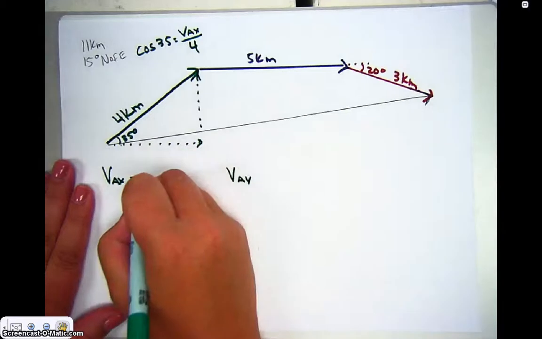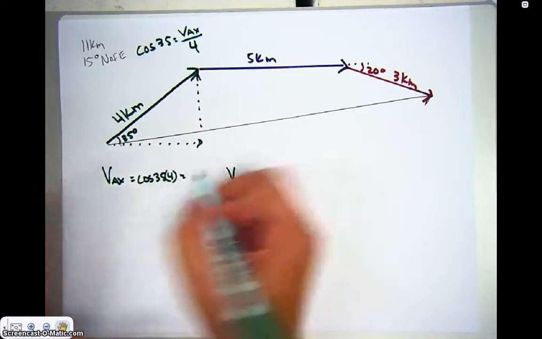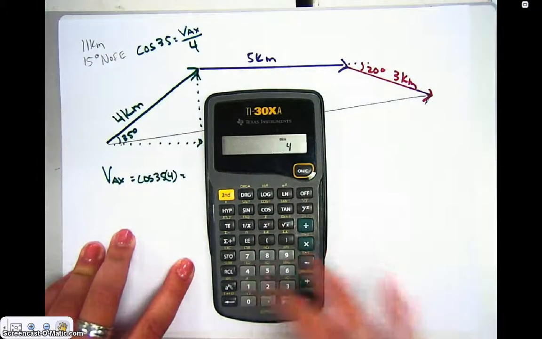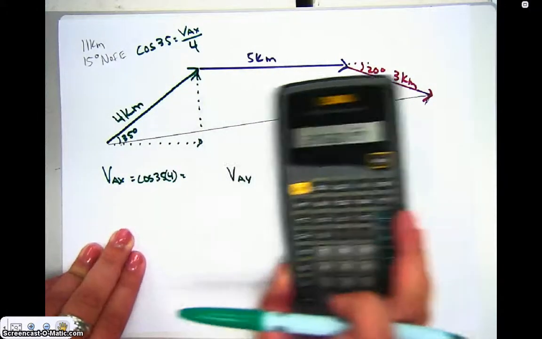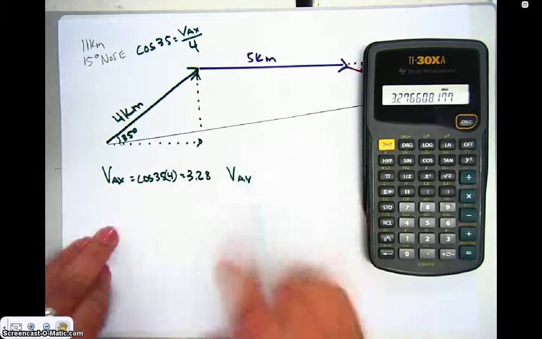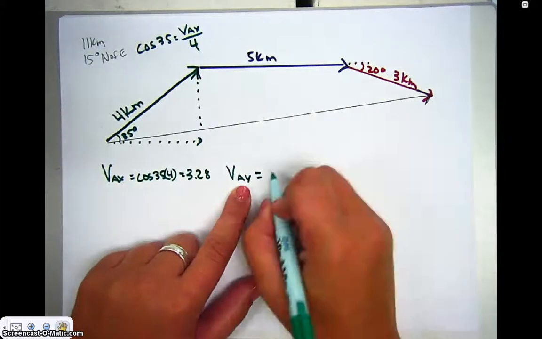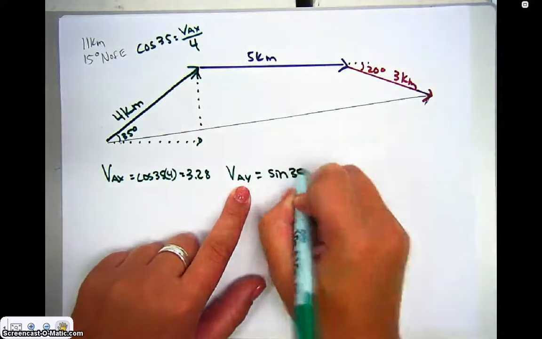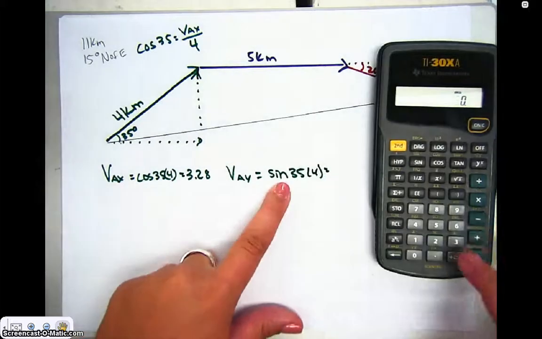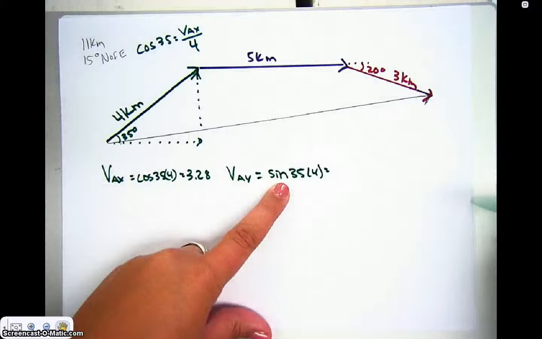So that would be equal to the cosine of 35 times 4. And that gives me 3.27 or 3.28, so 3.28 kilometers. Now for the y, we're going to be using sine, so it would be the sine of 35 times 4, which gives me 2.29.